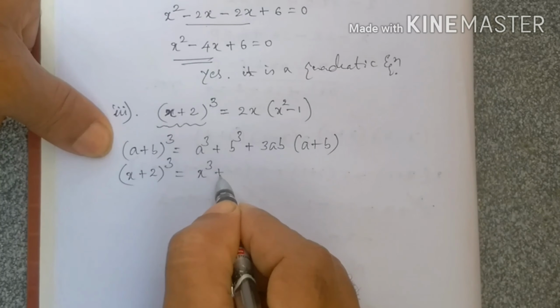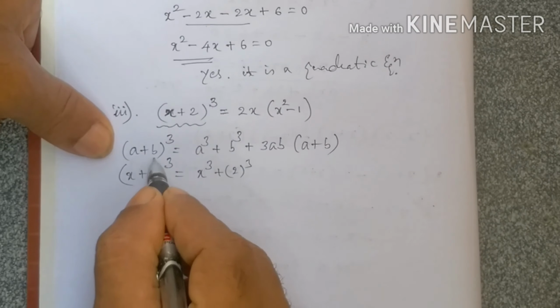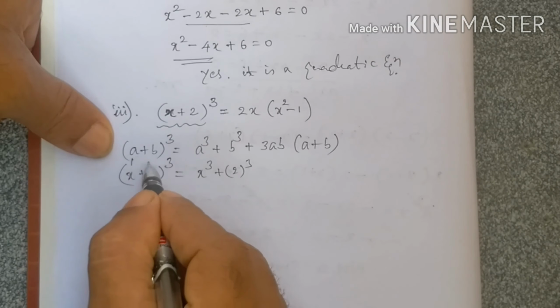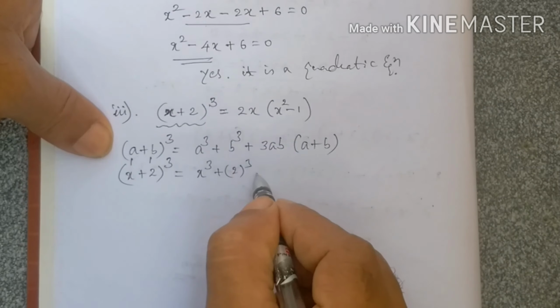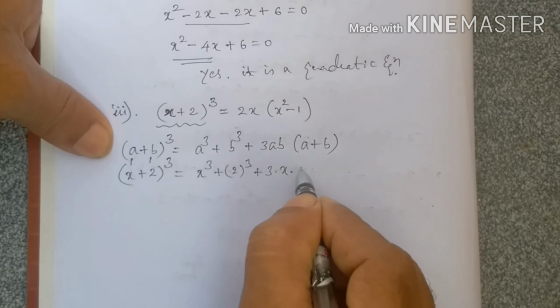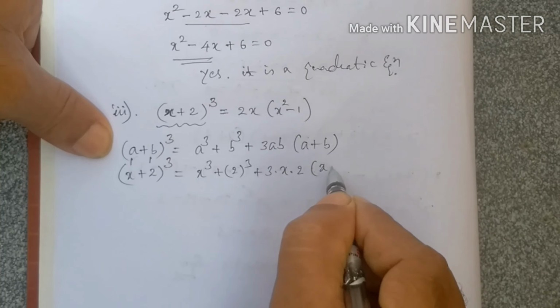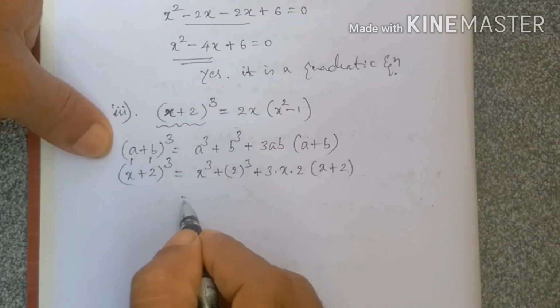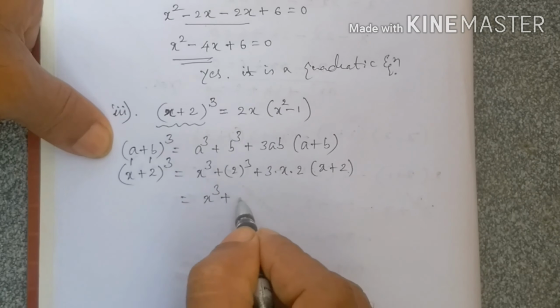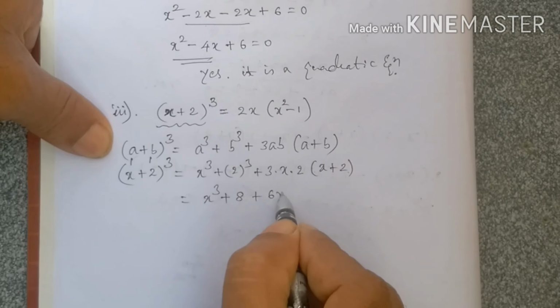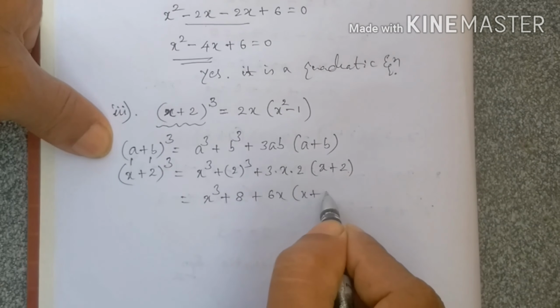So x³ + 2³, in place of b, 2 is there, in place of a, x is there. So like that you expand: 3 into x into 2 into (x + 2). You are going to get x³ + 8 + 6x(x + 2).